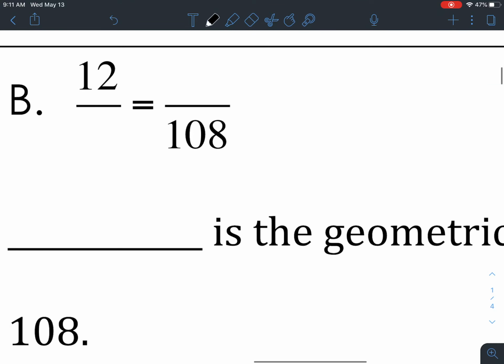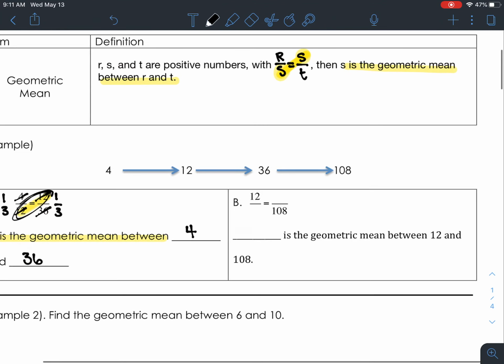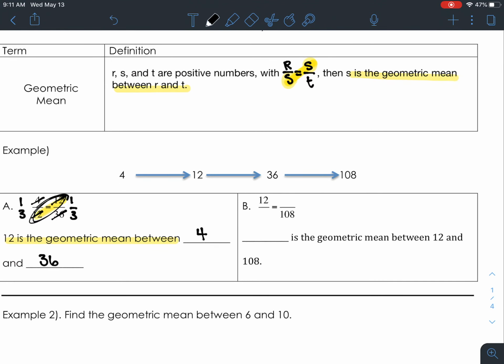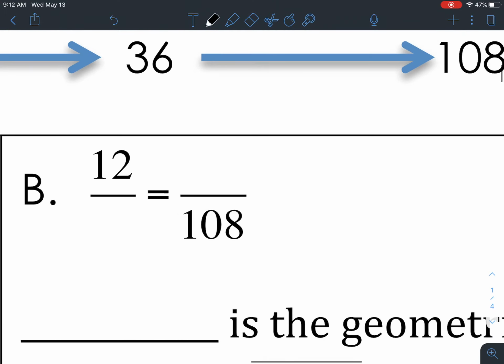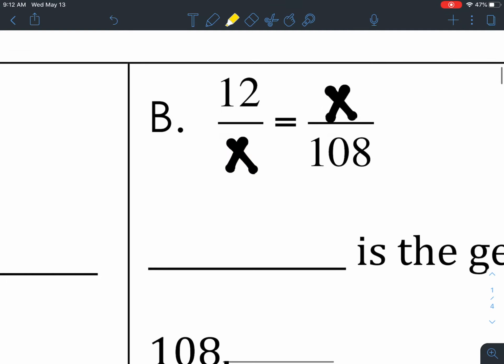It says, what is the geometric mean between 12 and 108? Well, here's the thing, guys. If we don't know what something is, we're going to place an X underneath that. But because they have to be the same thing, we're going to put an X on the top as well. So let's just solve this like a proportion.